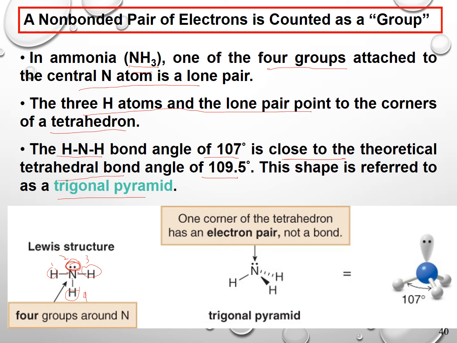So bila dia lone pair, bond angle tak sama. Dia punya bond length pun tak sama dengan bond pair. Jadi that's why untuk this case it is special, which is dia akan jadi trigonal pyramid, di mana the angle akan jadi 107 degree.